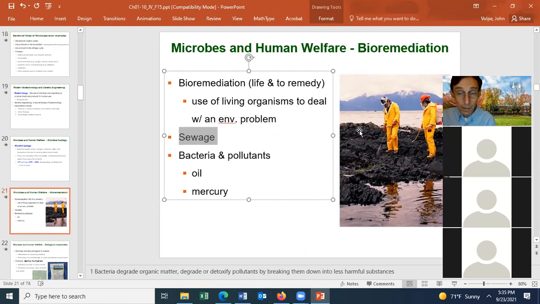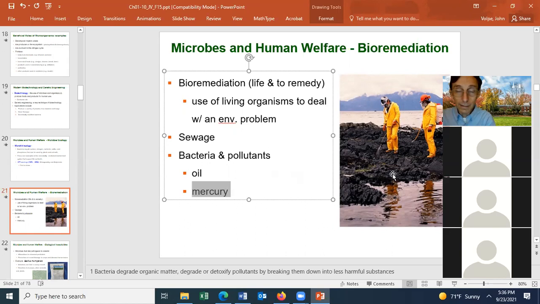Like in this oil spill, they're spraying microbes on the oil so that the microbes can degrade the oil and then get rid of the pollution. You can also use microbes on other pollutants like mercury. Now, the microbe does not degrade the mercury, but it can convert it to a less toxic form. Okay, so bioremediation, where you use microbes to degrade organic matter and degrade or detoxify pollutants, making them less harmful. Any question about any of that?